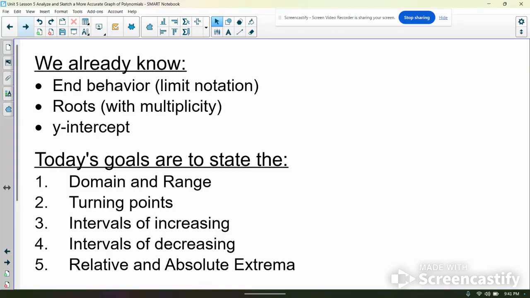So we're going to take what we already know with the end behavior, the roots, the y-intercept, and we're going to find more detailed information utilizing our calculator so that we might be able to figure out domain, range, turning points, the intervals of where the graph is increasing, where it's decreasing, and finding the relative and absolute extrema.